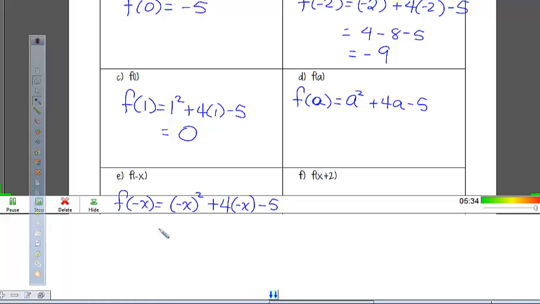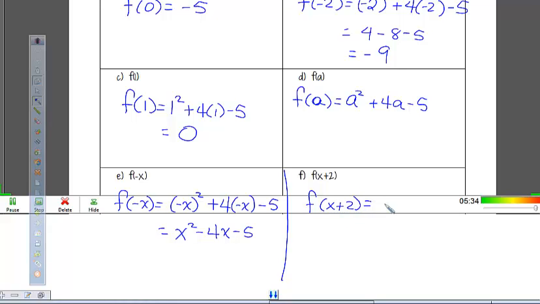Okay, and so we get x squared minus 4x minus 5. And the same way for f of x plus 2, we just got to do it all out.